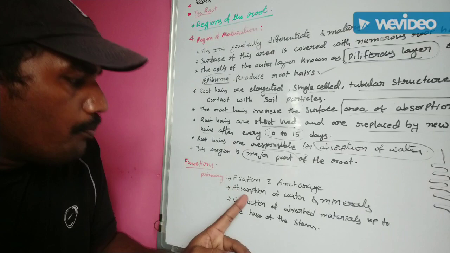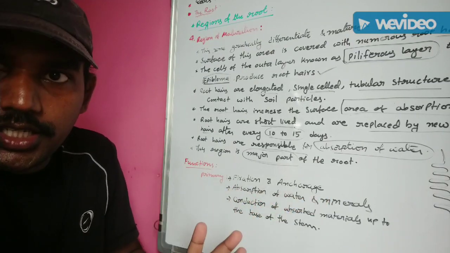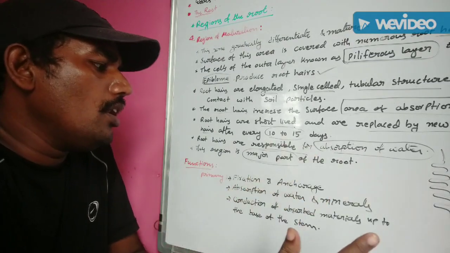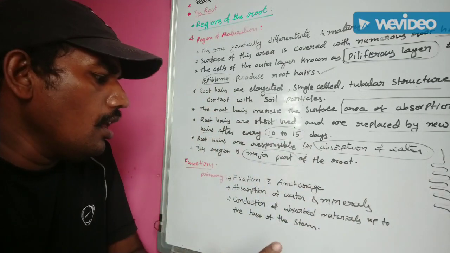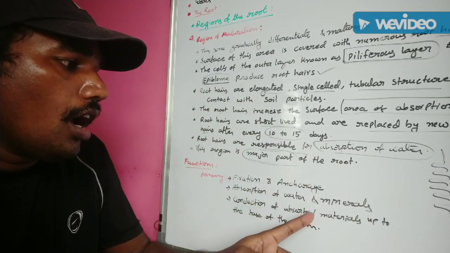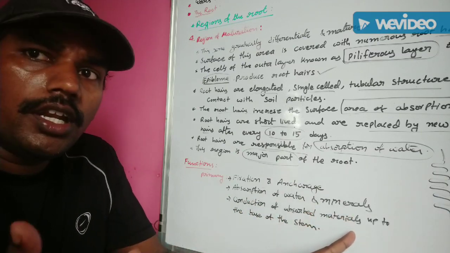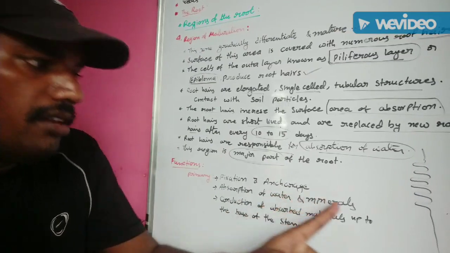This is one of the primary functions of the root. And absorption of water and minerals. Which material is absorbed? Water and minerals.